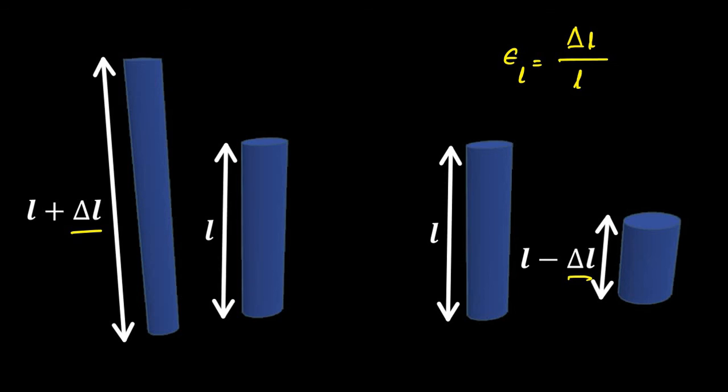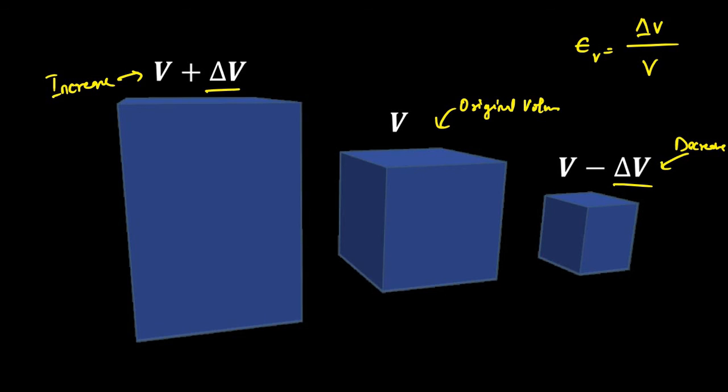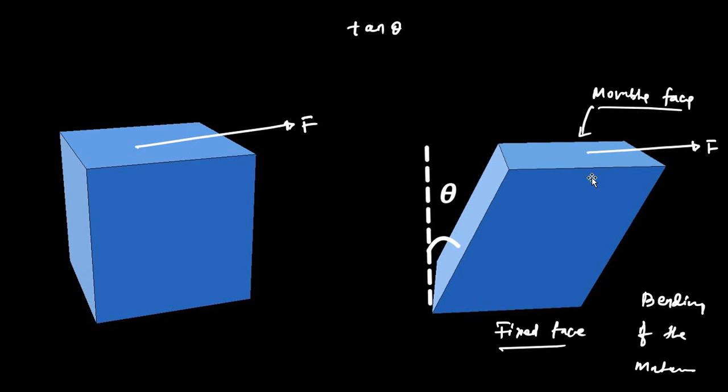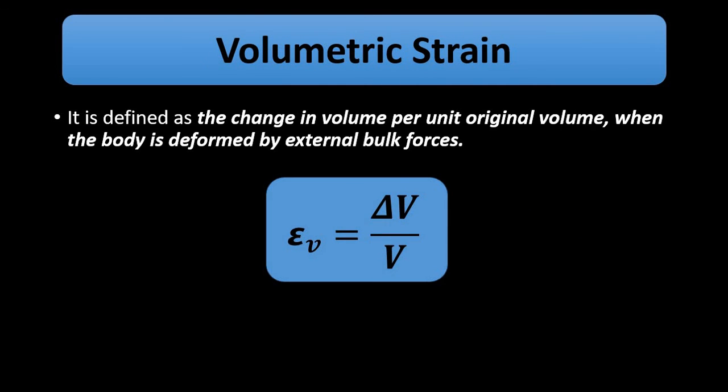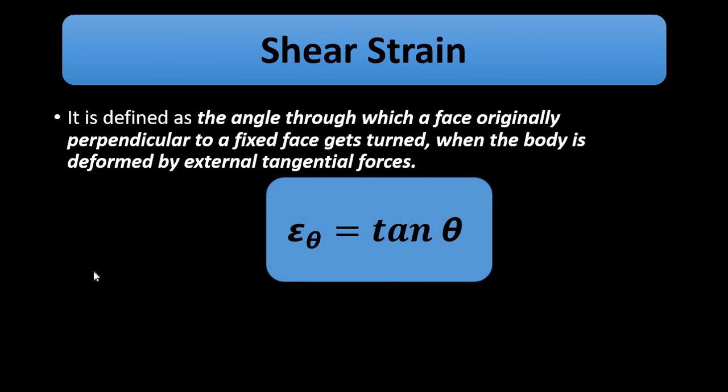The volumetric strain causes increase or decrease in volume, and the shear strain is the sliding or bending of the object, which is measured as the angle of turn of the movable face with respect to the fixed face. This is longitudinal strain, this is volumetric strain, and this is shear strain.